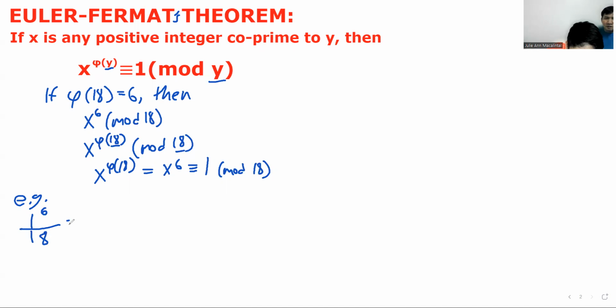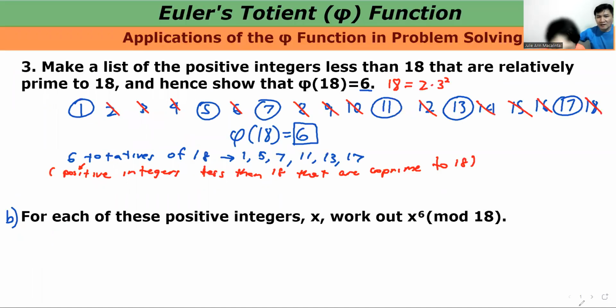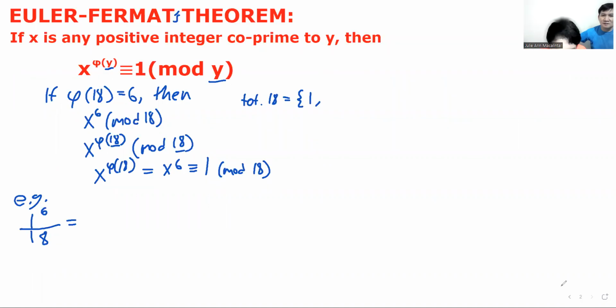Of course, can you write first here on top the totatives of 18? What are the totatives again? 1, 5, 7, 11, 13, 17.